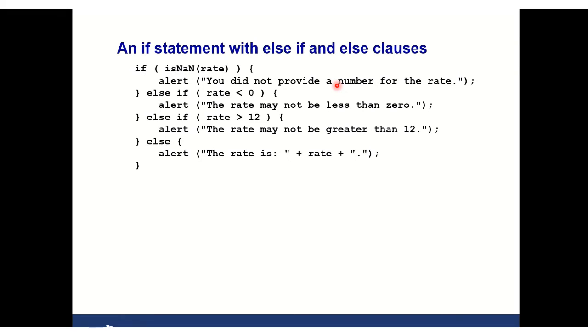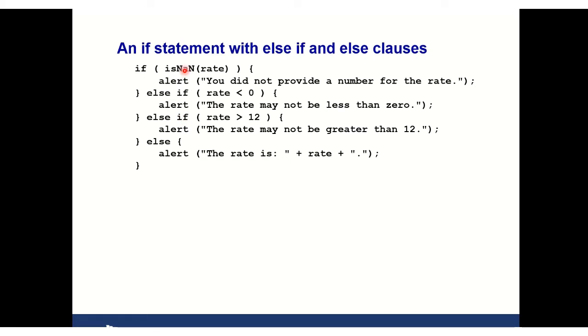If the user entered a string, then it is not a number, so the isNaN function will return true because it's not a numeric value. But on the contrary, if the user enters a numeric value, it can be an integer, a float, a decimal value, then isNaN should be false. That's how this function works.